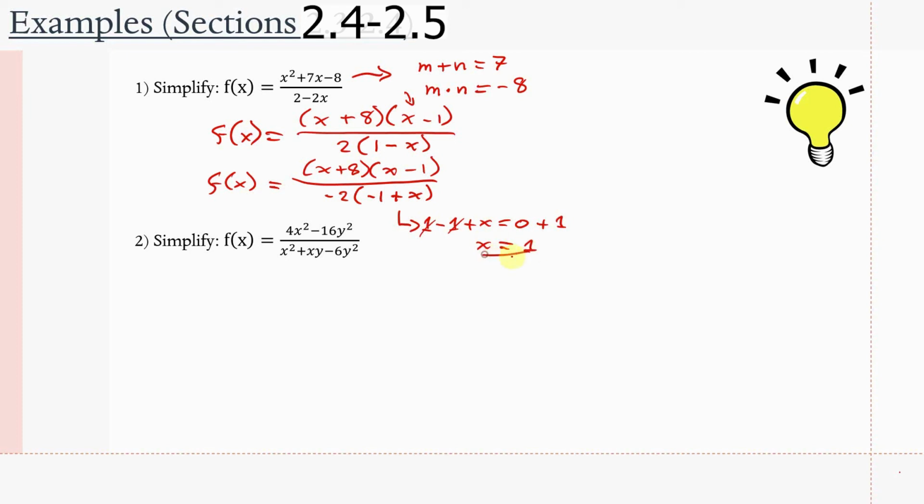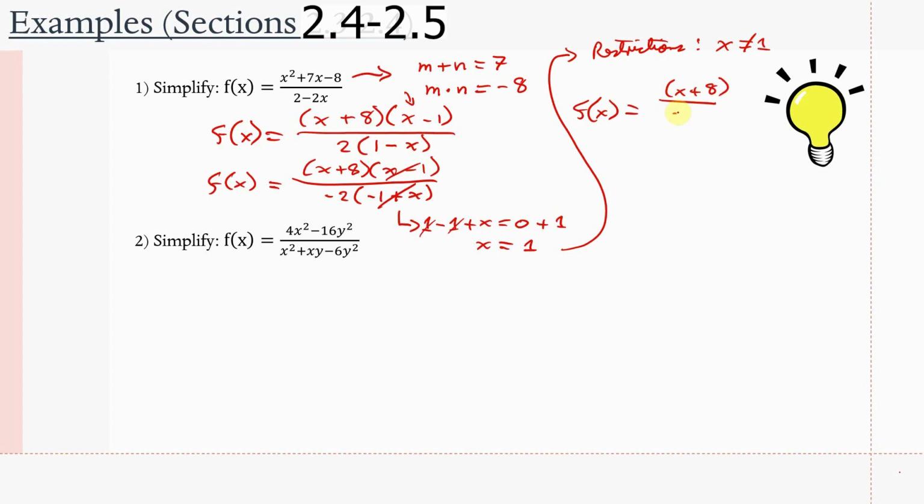And so now that's our restriction. We can write it up here. Restrictions: x cannot equal 1, actually, right? And so now we can just cancel these out, and we can write over here that f of x equals x plus 8 over negative 2, which is the same thing as saying f of x equals negative x plus 8 over 2, right?